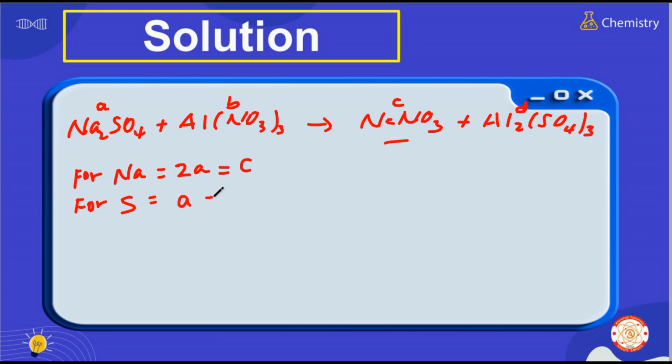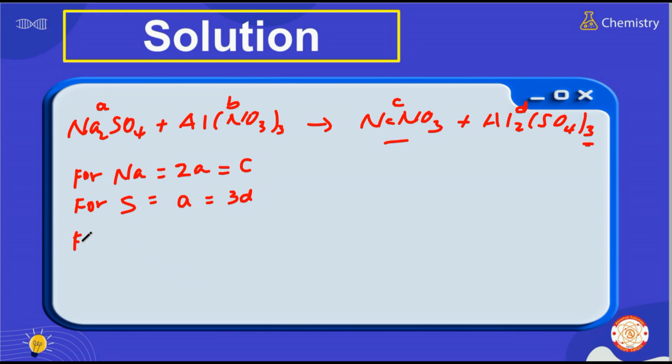So it's A equals, and how many do I have? Now this 3 multiplies both these atoms. Therefore, I have 3 sulfur atoms, and that is 3D.